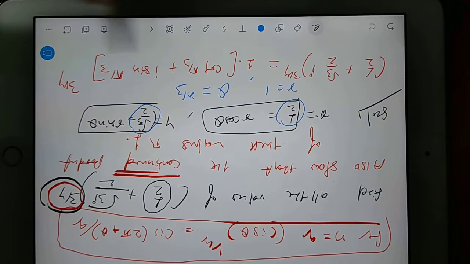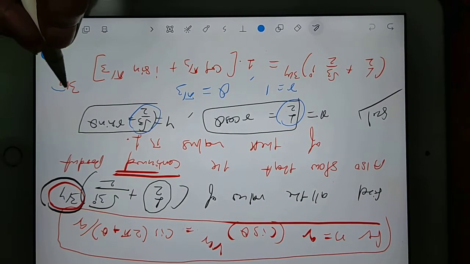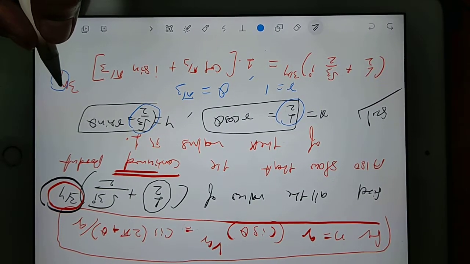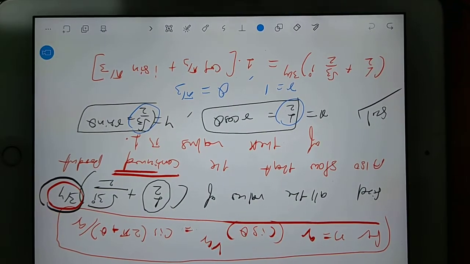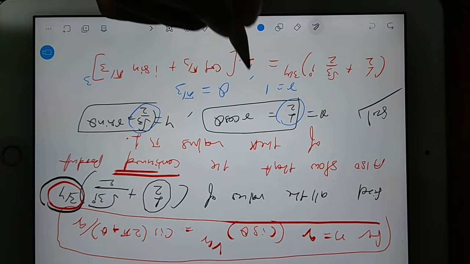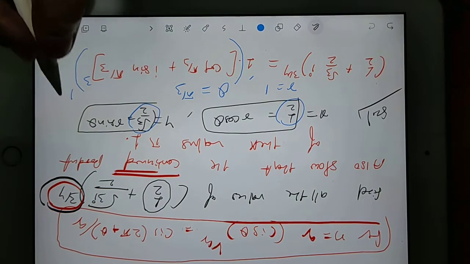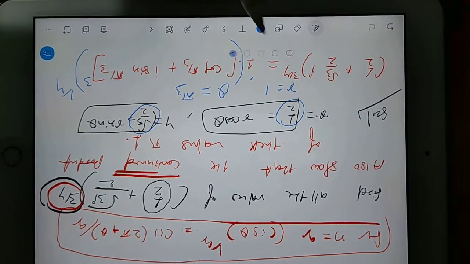Now I will do something. This 1 by 4 I will write separately and 3 I will write separately. I will erase this 3 by 4 and write whole power 3 and then whole power 1 by 4.